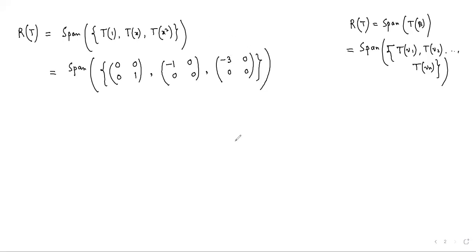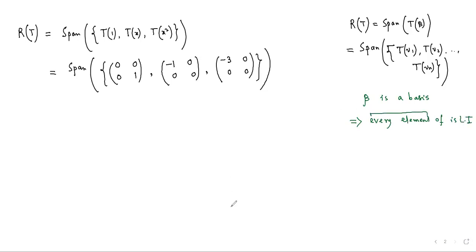Now here is an important point that you need to follow carefully. Previously, I said that beta is a basis, which implies that the elements of beta are linearly independent.